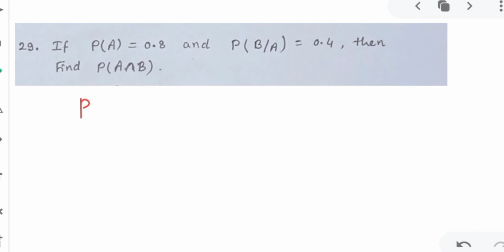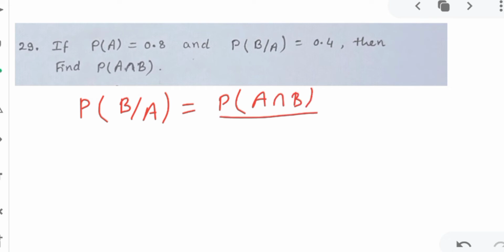We know the relationship: probability of B/A we can write, according to the formula, as probability of B intersection A. Either you can write B intersection A or A intersection B, both are the same. So I am writing here A intersection B, correct? B intersection A and A intersection B are the same, and below is probability of A, according to the formula. I just wrote the formula.